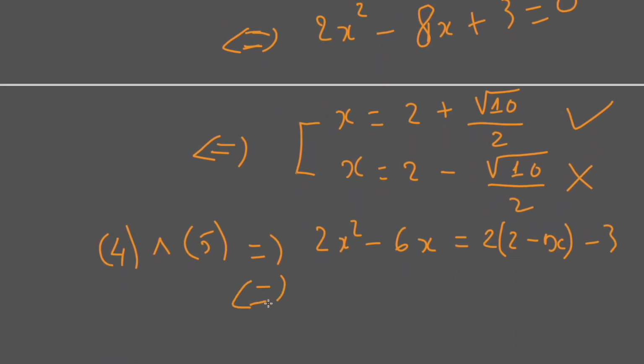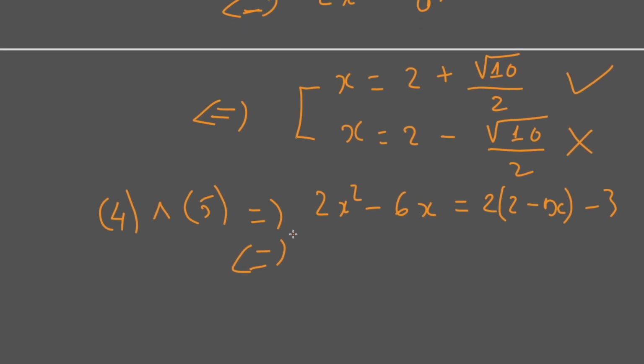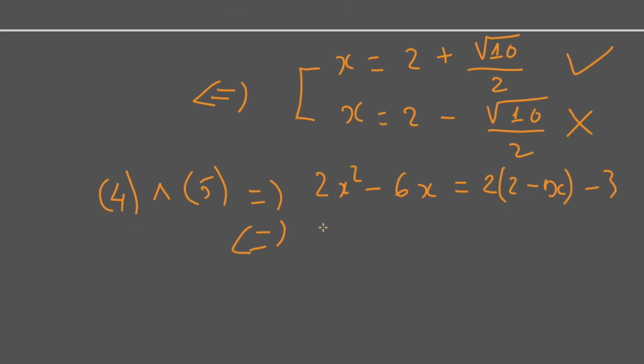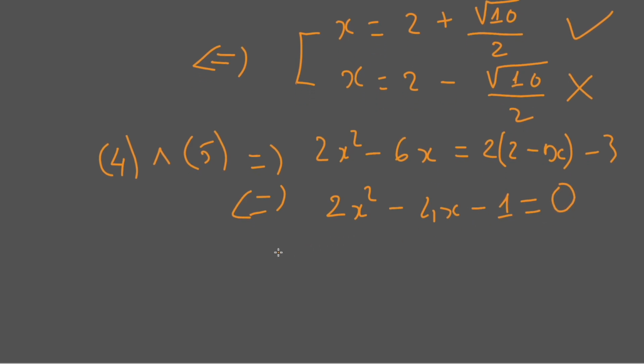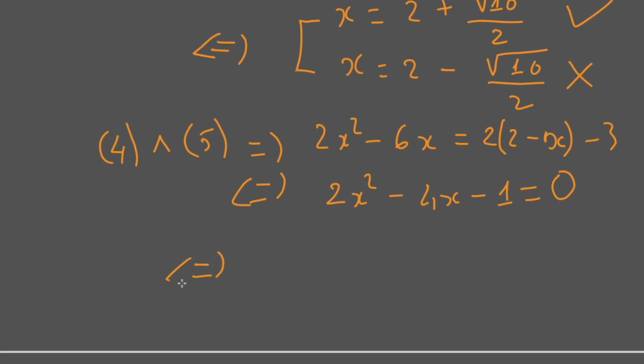And similarly to the above equation, we have a quadratic equation. Obviously, it is 2x squared minus 4x minus 1 equal to 0. And we also have two values of x.